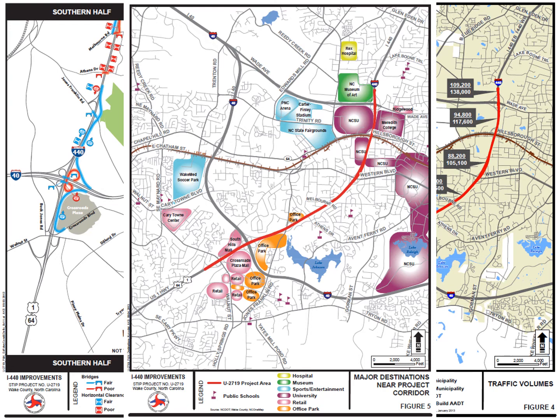Into the bottom left part of the corridor, there's some sports and entertainment facilities, including the state fairgrounds, an arena that's used for college basketball and professional hockey, and a football stadium as well. And there's also the North Carolina Museum of Art and a hospital that's all within proximity to this corridor. So a lot of different land uses that attract and generate traffic.